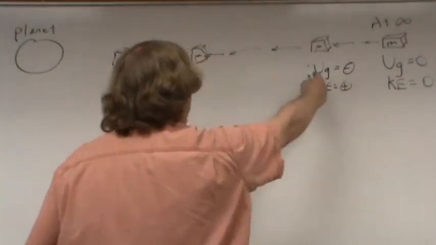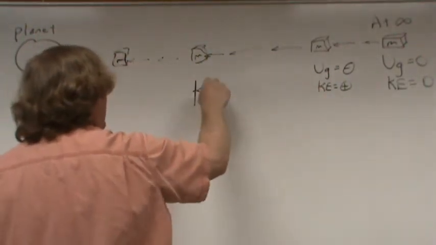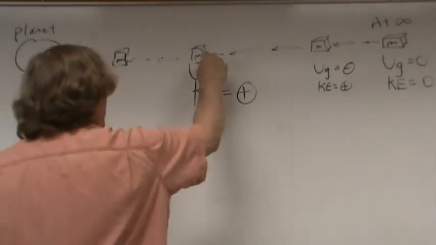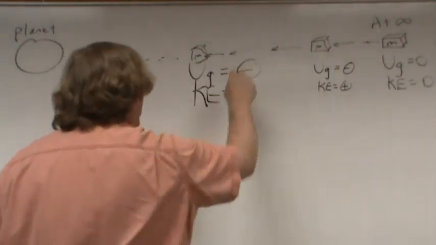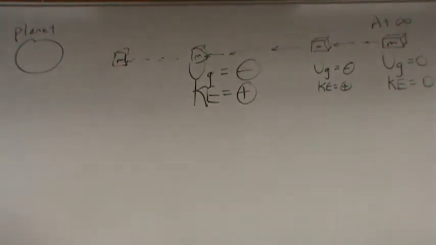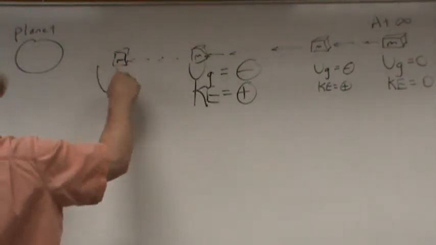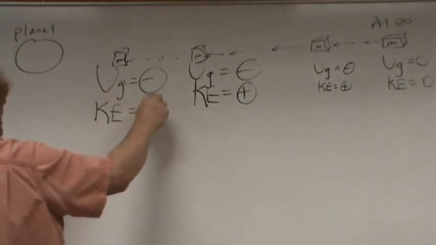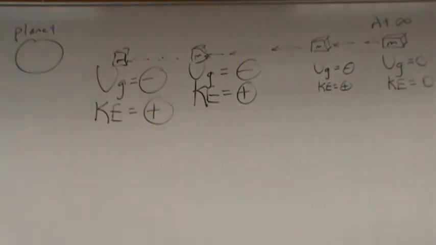Okay, and as it gets closer, the kinetic energy is going to become more positive, which means my gravitational potential energy becomes more negative. Then it's really close, and I have a huge negative gravitational potential energy. Why? Because I got a huge positive kinetic energy. You see? And that's the way it works.